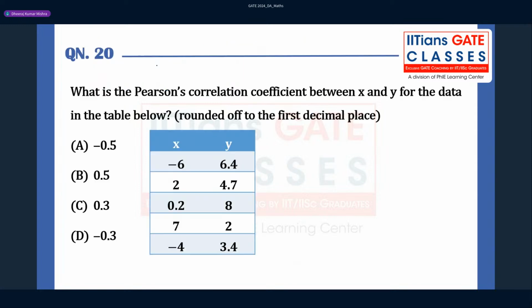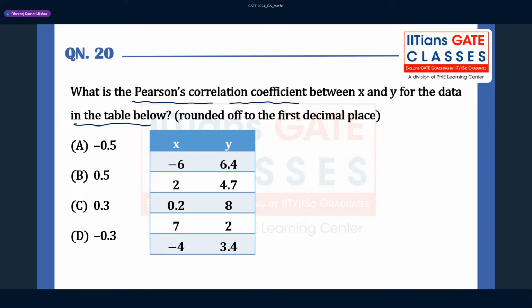So this question asks: what is the Pearson correlation coefficient? It is quite a lengthy question, because they are asking for the Pearson correlation coefficient between x and y for the data in the table. You have to draw the table.